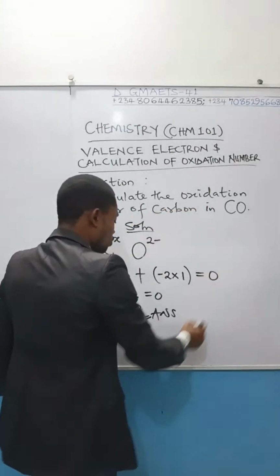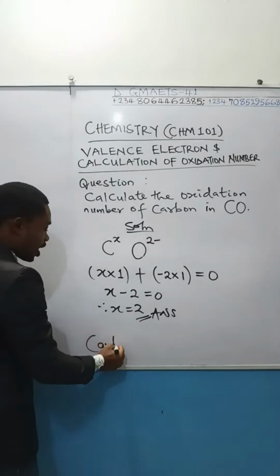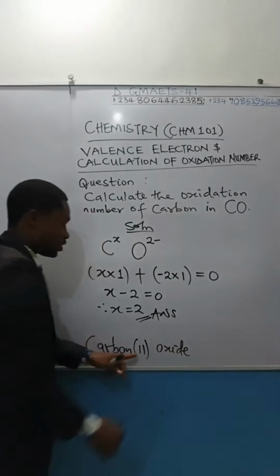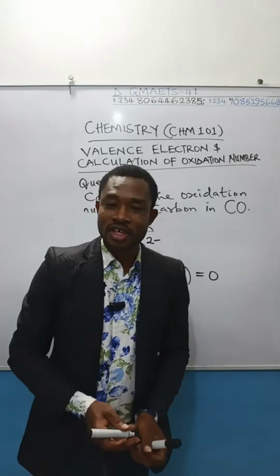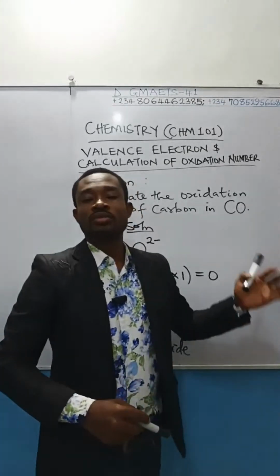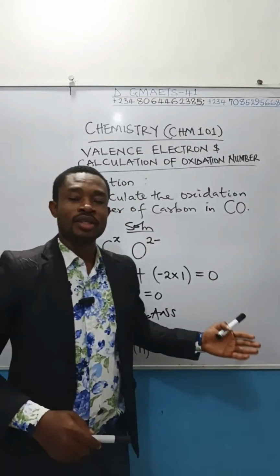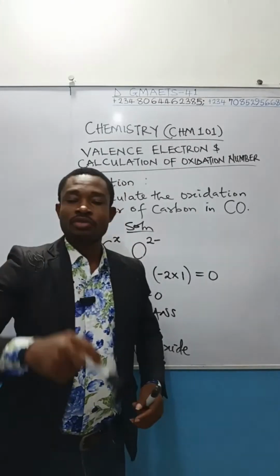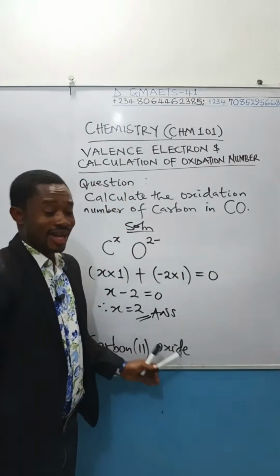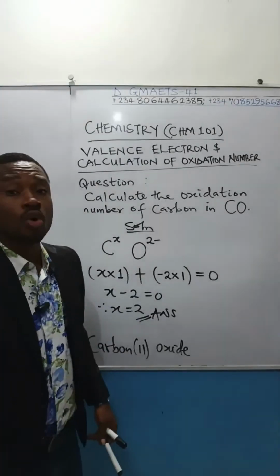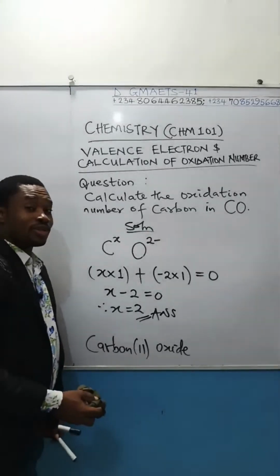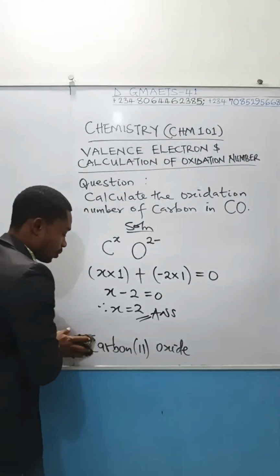If you are writing it fully, it's meant to be written this way: carbon, and then 2 in Roman numerals, oxide. That's the rule. It is just like calcium trioxocarbonate(IV) in question number 1, where the 4 is written in Roman numerals, IV. Carbon(II) oxide is the compound called carbon monoxide, formed due to incomplete combustion of certain organic substances.